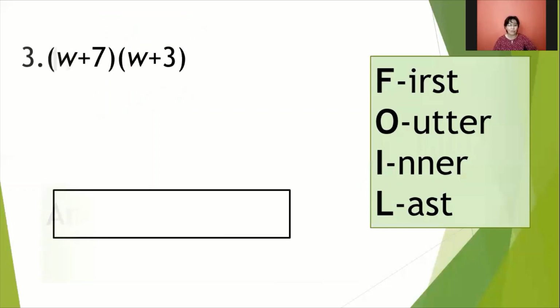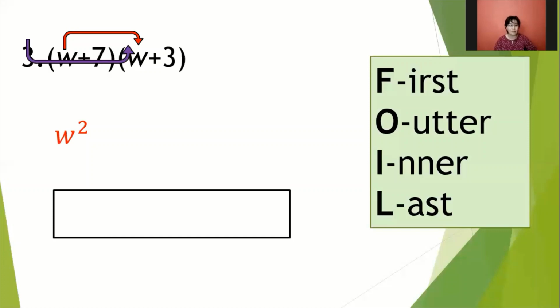Now, for number 3. Number 3 is w plus 7 times w plus 3. In solving this kind of equation, we have to use the FOIL method. FOIL means F for the first term, O for the outer term, I for the inner term, and L for the last term. We multiply the first terms: w times w is equal to w squared.